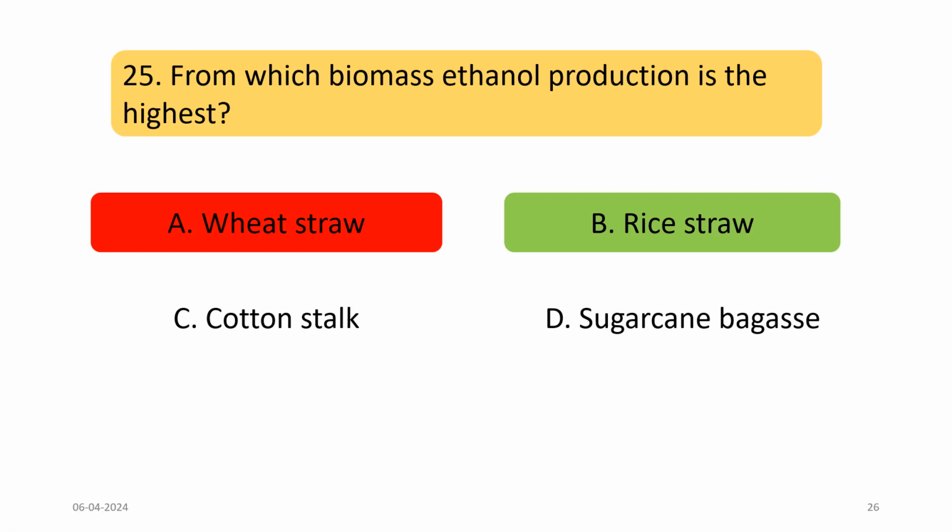So for wheat straw, the value is 28 billion liters per year. For rice straw, it is 42.5. For cotton stalk, it is 13.2. And for sugarcane bagasse, it is just 3. So that is how we can see that rice straw is the highest.